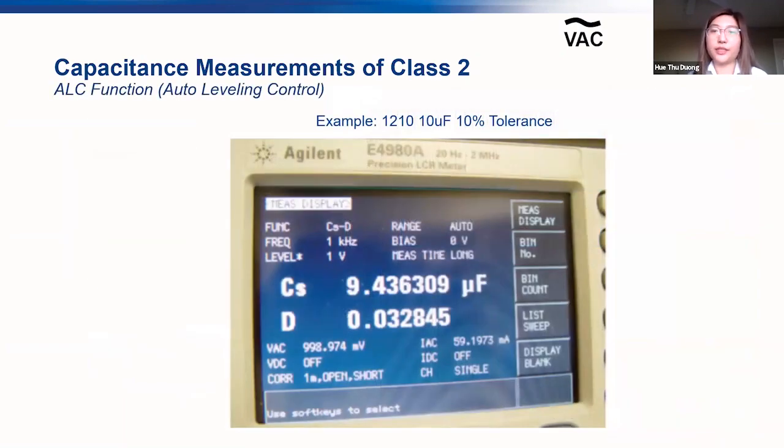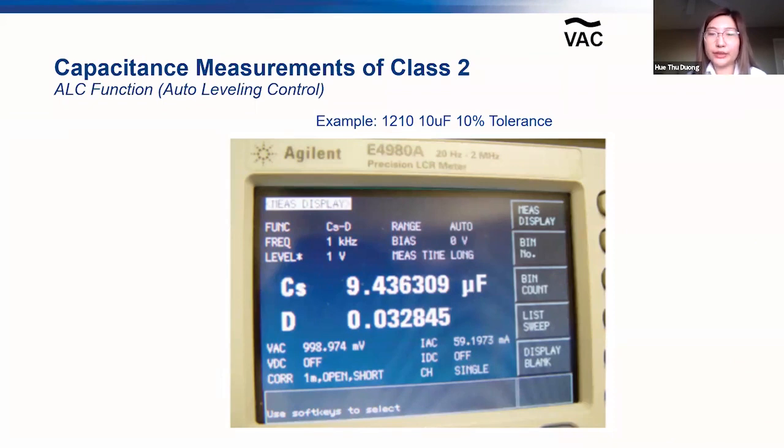In order to avoid that issue, it's important to select a meter that can compensate for the voltage drop due to the high capacitance part type. Some meters come with an auto leveling control, or ALC function, which compensates for the measurement by increasing the source voltage until the desired voltage is reached on the capacitor.